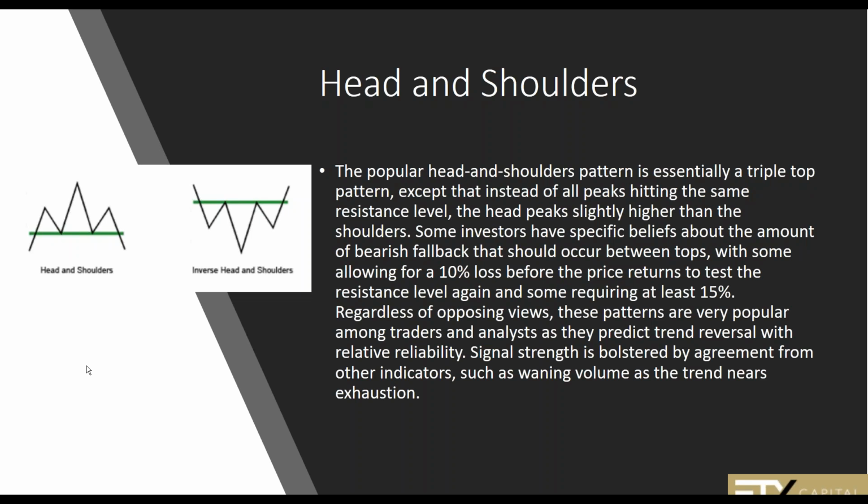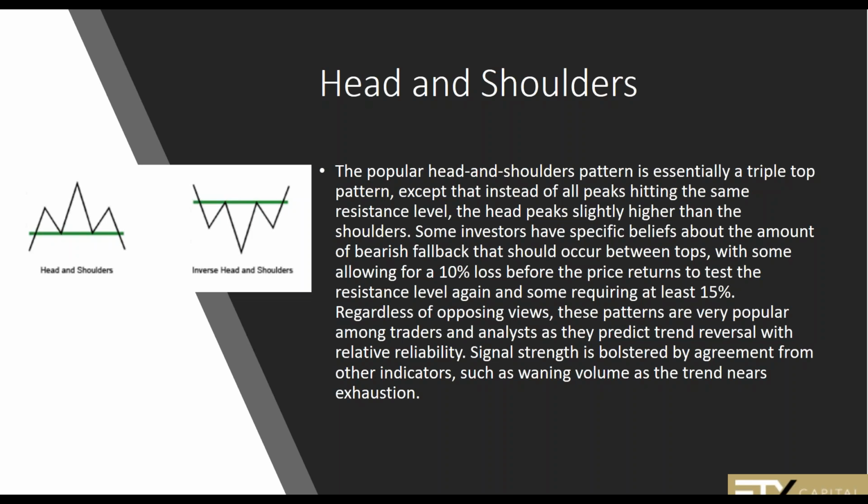So the popular head and shoulders pattern is essentially a triple top pattern, except that instead of all the peaks hitting the same resistance level, the head peaks slightly higher than the shoulders. Some investors have specific beliefs about the amount of bearish fallback that would occur between tops, with some allowing a 10% loss before the price returns to the test, and some require at least a 15%.